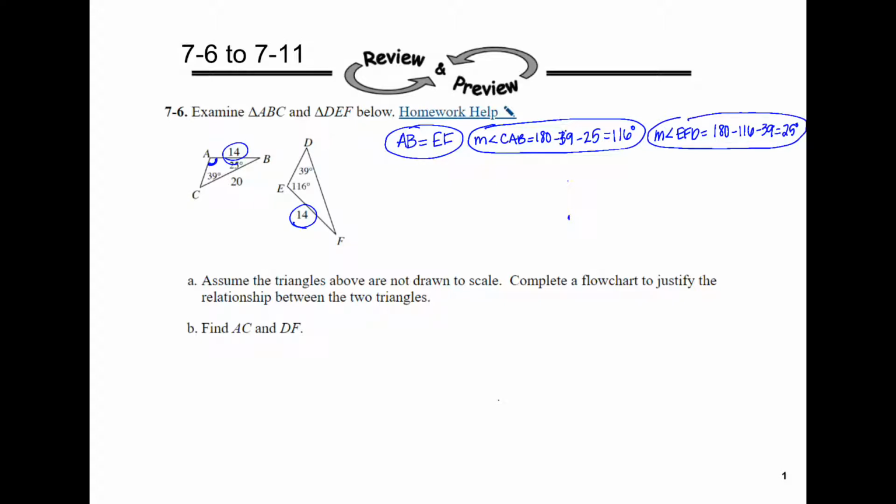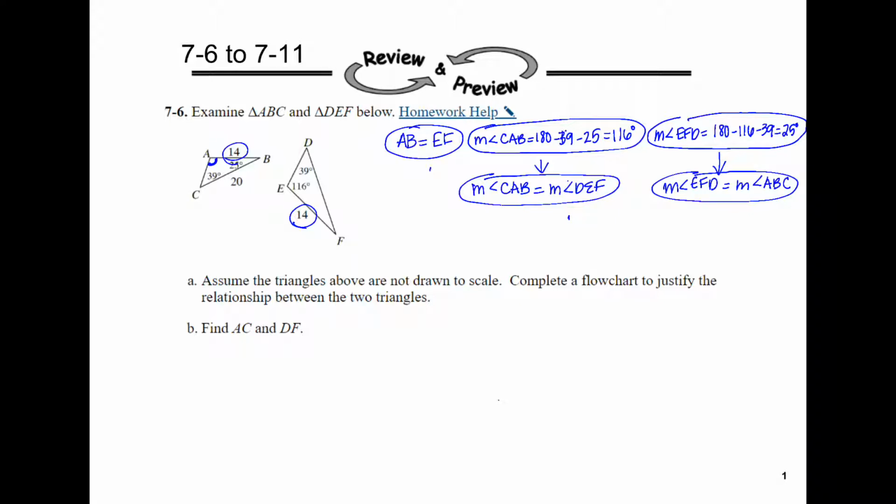We then know if the measure of angle EFD is 25 degrees, that we can then conclude that the measure of angle EFD is equal to the measure of angle ABC, because they're both 25 degrees. We can also conclude that the measure of angle CAB is equal to the measure of angle DEF, because those are both 116 degrees.